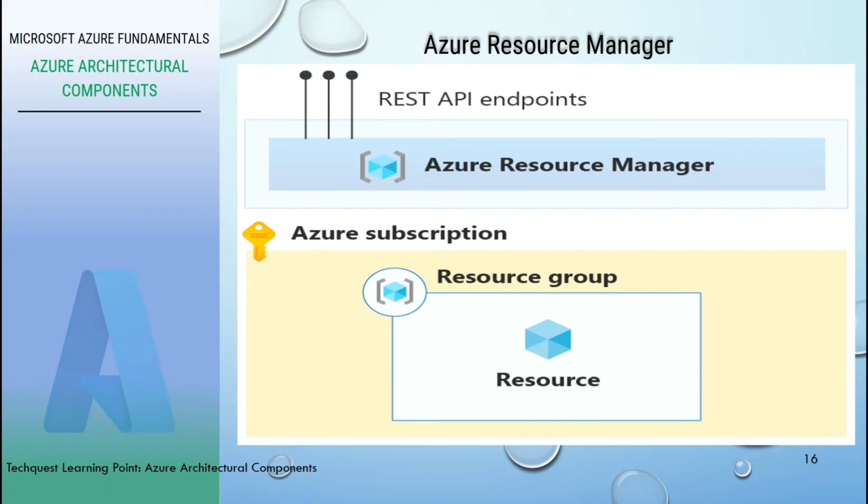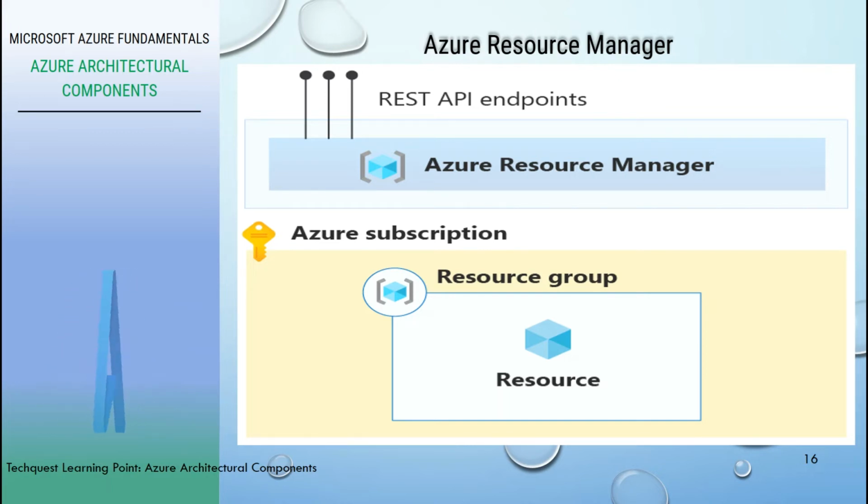The benefits of using Resource Manager. Manage your infrastructure through declarative templates rather than scripts. A Resource Manager template is a JSON file that defines what you want to deploy to Azure. Deploy, manage, and monitor all the resources for your solution as a group rather than handling these resources individually.